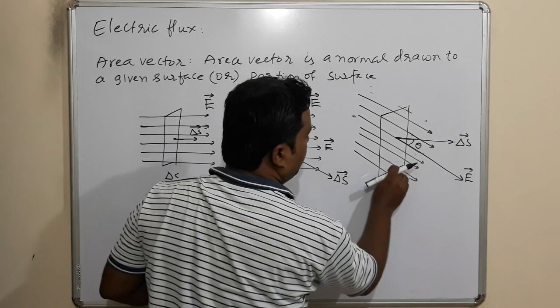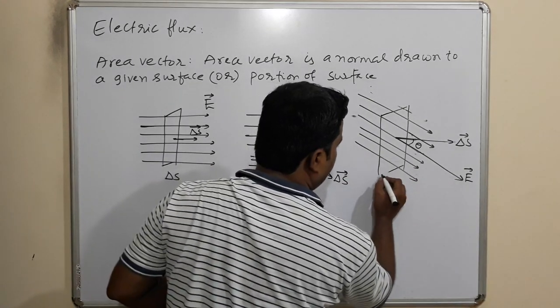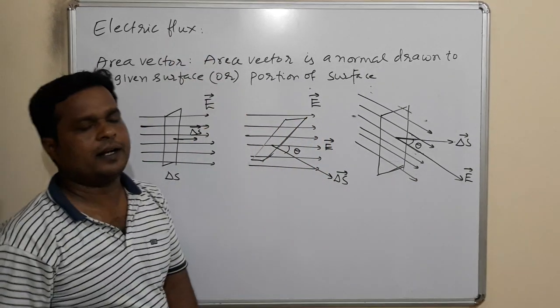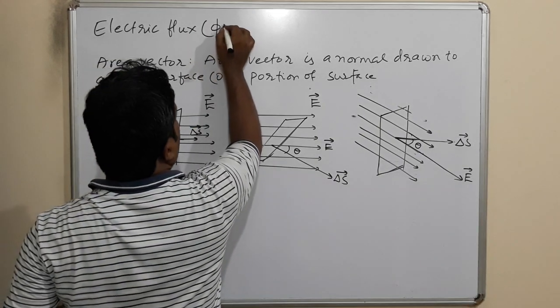How many lines will be passing through a particular area which is held in the electric field? That quantity is called electric flux. So what is electric flux? It is generally denoted by the letter phi.